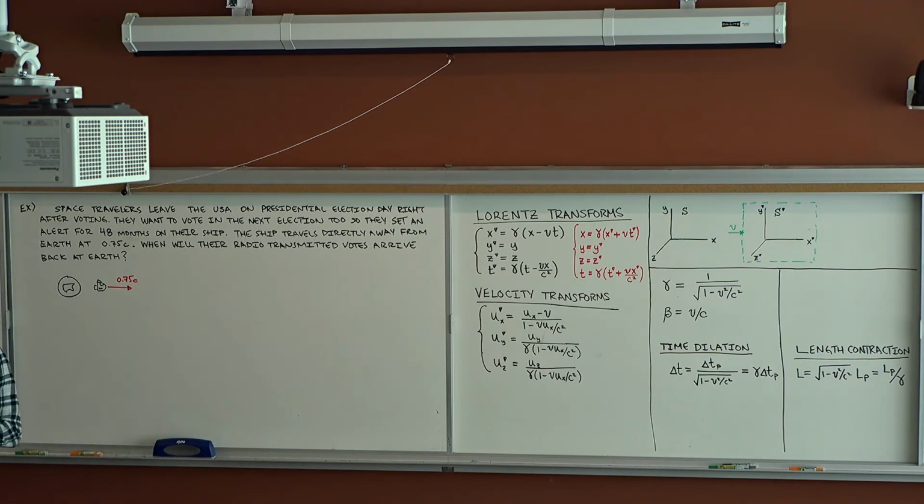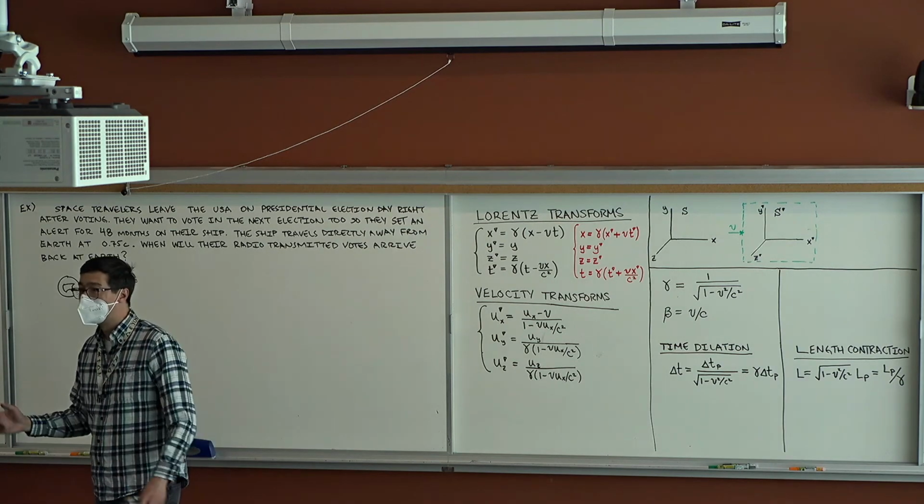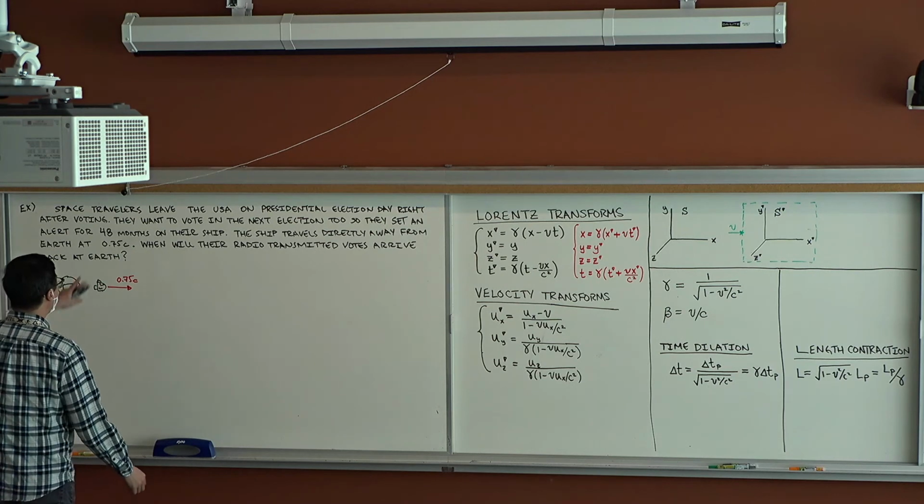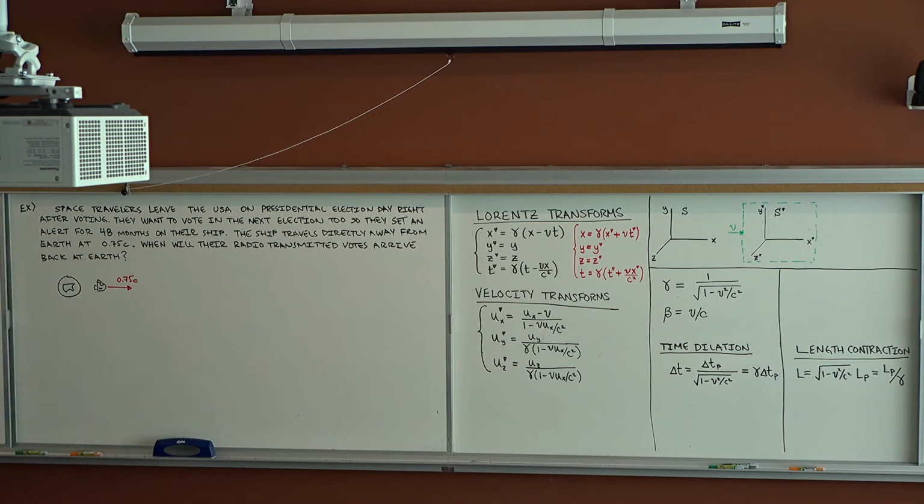They don't want to miss the chance to vote in the next election. And so they set an alarm on their cell phone or whatever computer for 4 years, 48 months. I know it's not exactly 48 months, but let's pretend.